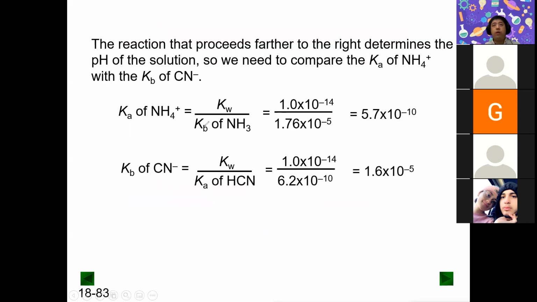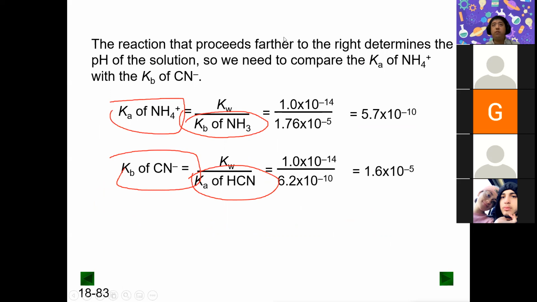So first, we know our Kb of NH3 and we know the Ka of HCN. We don't know these two things here on the left because these are not things you normally try to remember. So they usually tell you these things and list them, okay? Now to find the Ka of this one, given the Kb, you know that is related to Kw because these are conjugates.